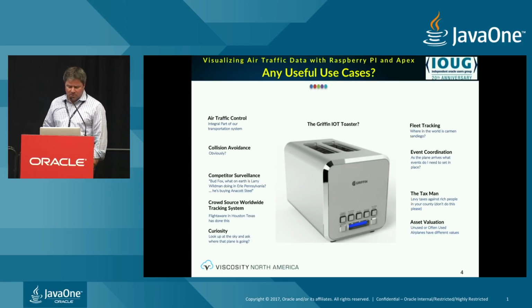You can crowdsource a worldwide tracking system if you get a bunch of these and get people to participate, and that's actually been done. So I'll show you how to tie into that later. Curiosity: maybe you live near an airport and you've always wondered where that plane's going. Maybe the Airbus A380, huge thing, just flying over, and you wonder, hey, where are they going?